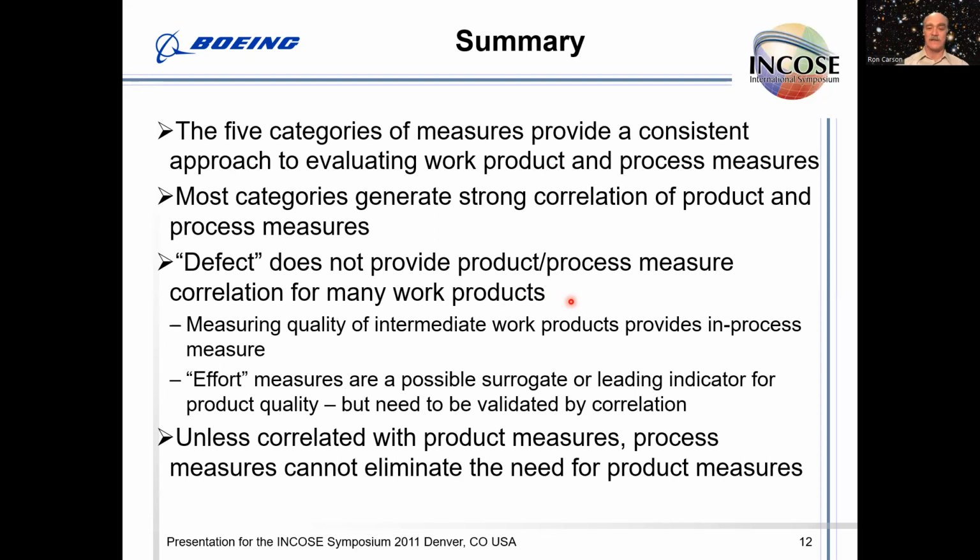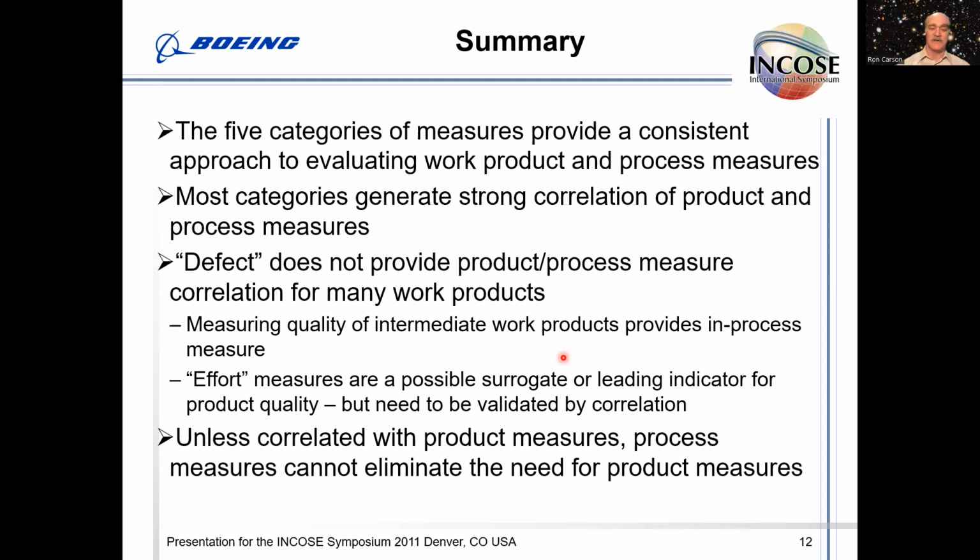And measuring the quality of the intermediate work products would be a necessary step rather than just simply measuring the end work product. So that would be the in-process measure that would have to be established along the way. Effort measures might be a surrogate or leading indicator, but again, the fact that you spent more time doing something doesn't mean you get a higher quality product out of it.